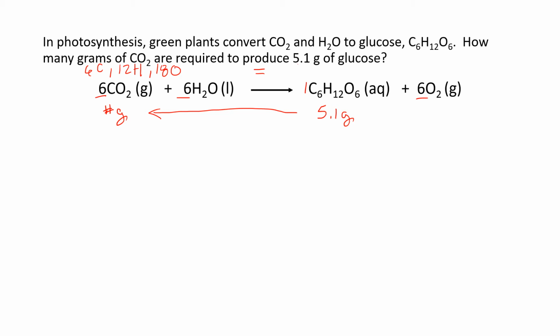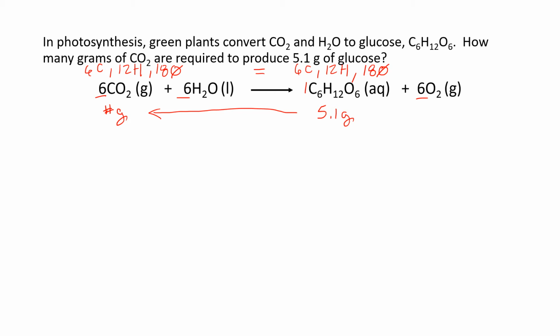Okay, so we have 6 carbons here, we have 12 hydrogens here, and then we have 6 oxygens here, and then 6 times 2 is 12, so 12 plus 6 gives us 18 oxygens here. So I'm balanced, okay? So let me draw a little line through here.